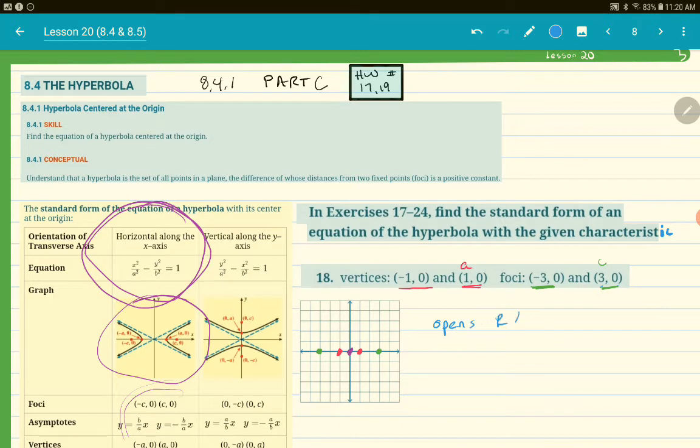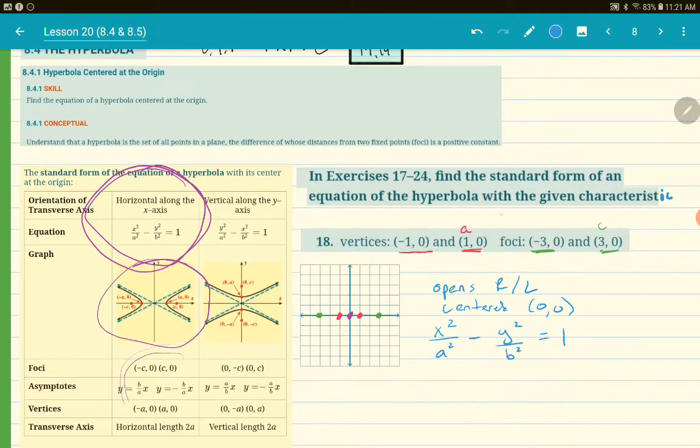Opens right, left instead of up, down, and it's centered at 0, 0. And those things together tell me that I'm using this formula. So I really just need the A and the B to define that formula.